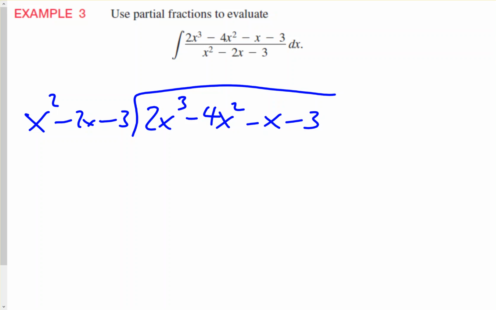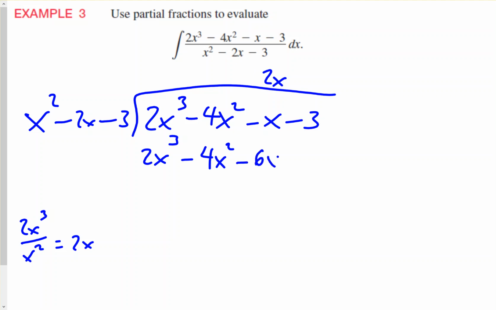Okay, so we divide the leading terms. 2x cubed divided by x squared, that would be a 2x. So to multiply that 2x into this divisor, you're distributing basically. 2x times x squared, 2x cubed. 2x times -2x would be -4x squared. 2x times -3 would be -6x.